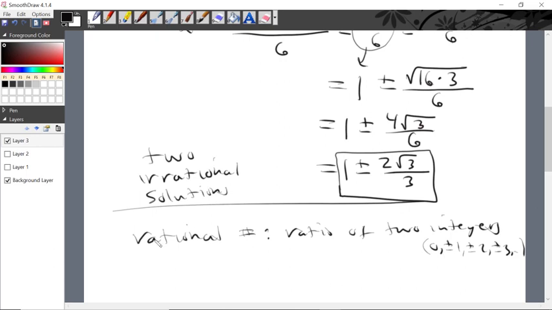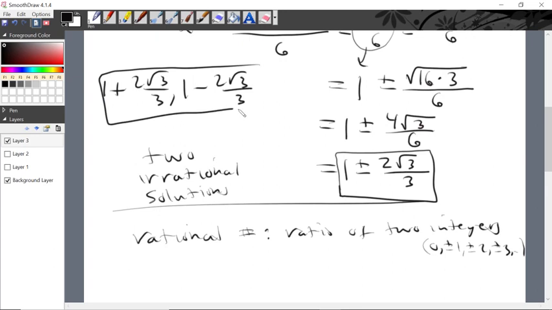An irrational number is a number that cannot be expressed as a ratio of two integers. The square root of 3 is an example of an irrational number, making both of these values irrational. We have 1 plus 2 root 3 over 3, and 1 minus 2 root 3 over 3. Those two values are each irrational.